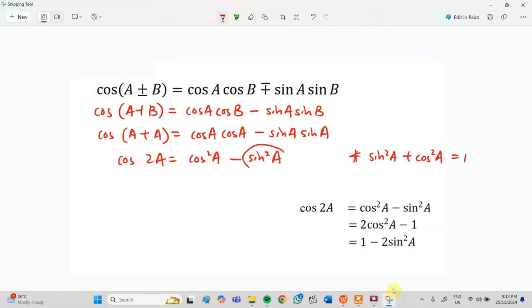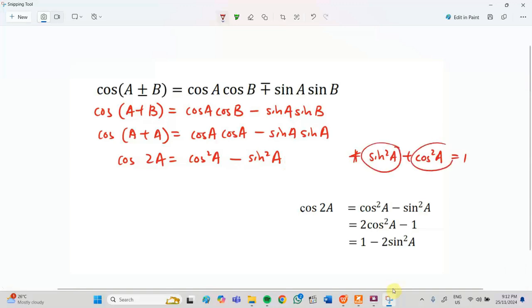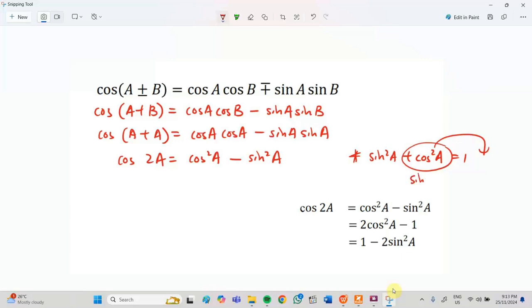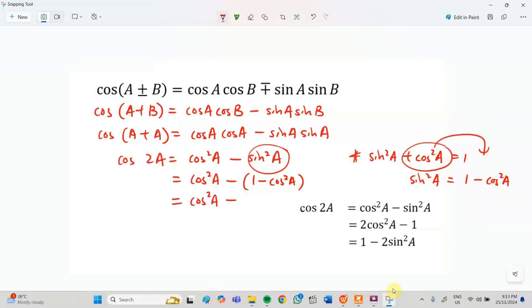So in order to substitute this with cosine, we have to write this in terms of cosine. So we move this here, you get sine squared A equals 1 minus cosine squared A. Hence, we are going to substitute this with 1 minus cosine squared A. You get this 1 minus, so negative, negative becomes positive.